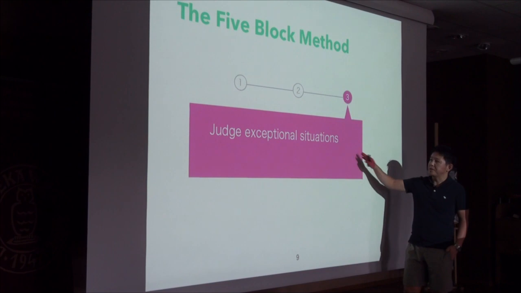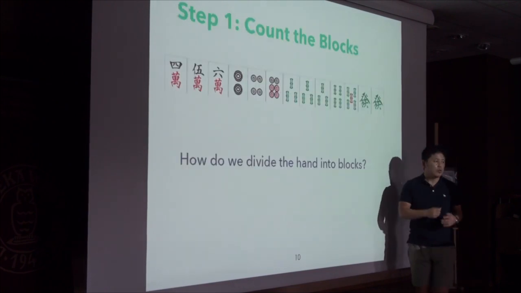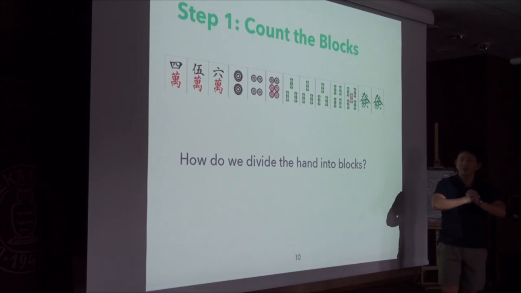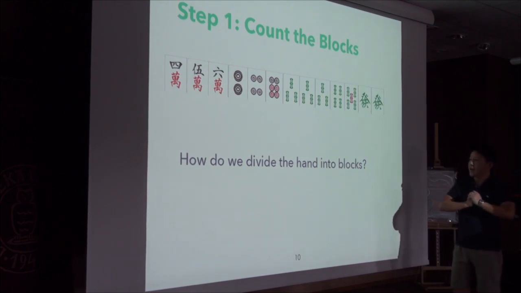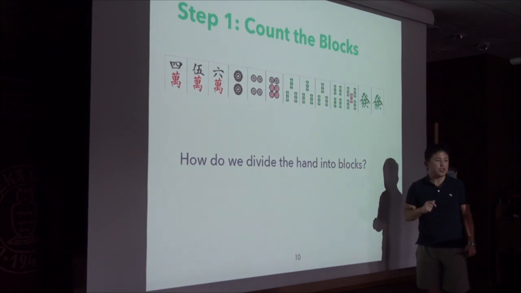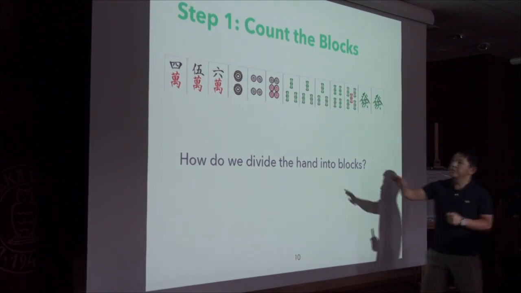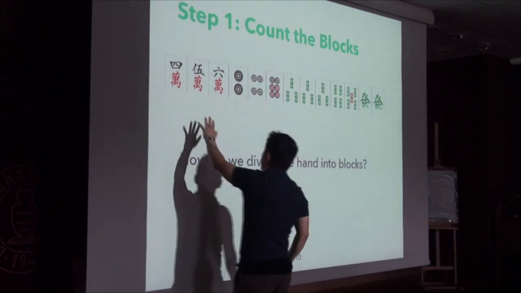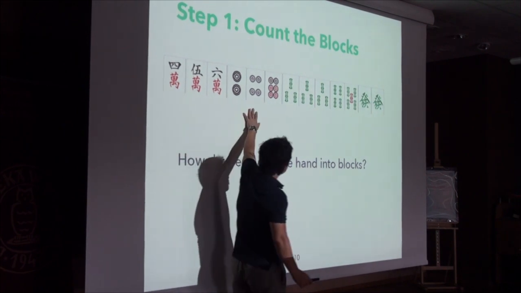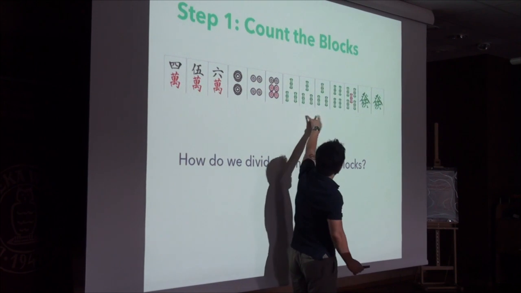I'll talk more about each of these 3 cases in detail in a minute. And then the last step involves judging some exceptional situations. Right, so let's review the first step, counting the number of blocks in a hand. How do we divide this hand into blocks? How many blocks do we have here? Yeah, so it's easy to identify this block, 1, 2, 3, and then 4 and 5, right?